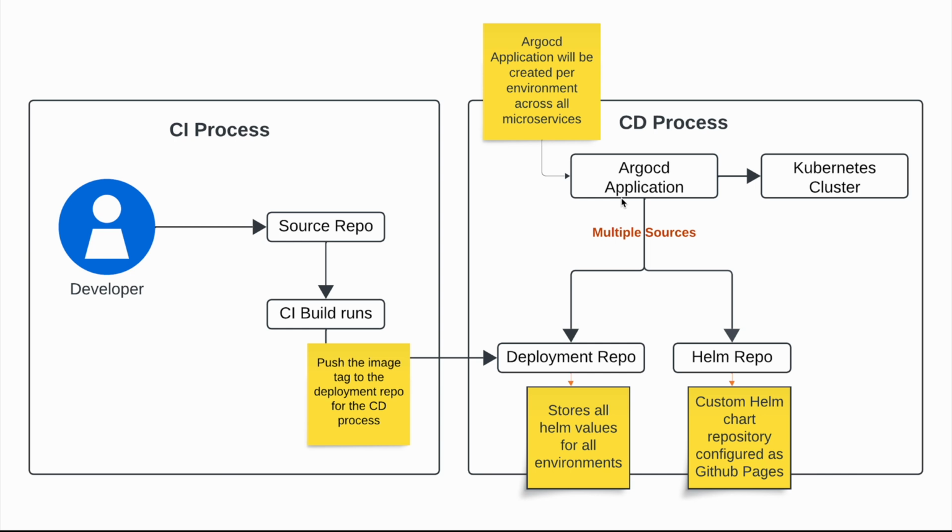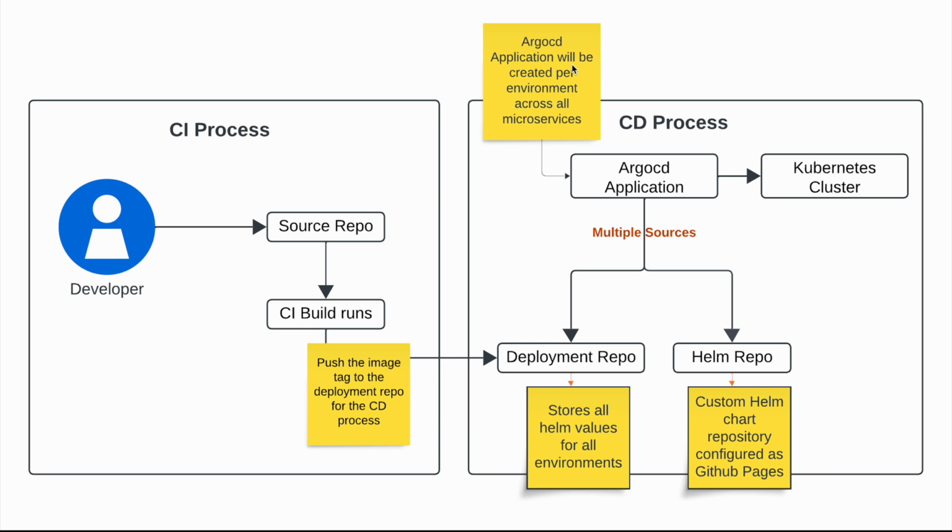So the next part is the Argo CD application. In the previous part we have seen that you go to the Argo console and you create an application. In the same way, you have to create an application for all your microservices. It will be created per environment across all microservices.